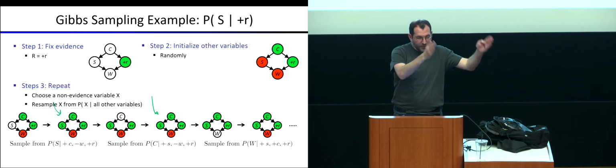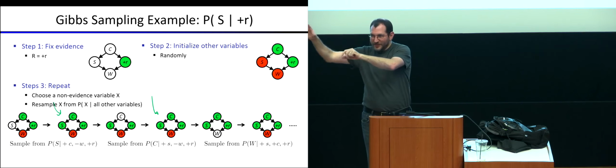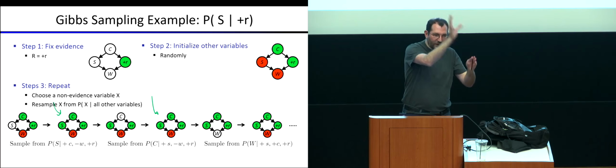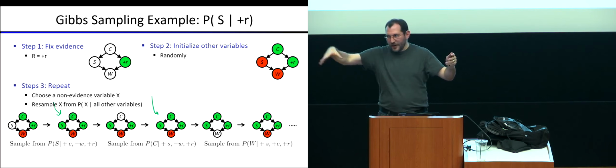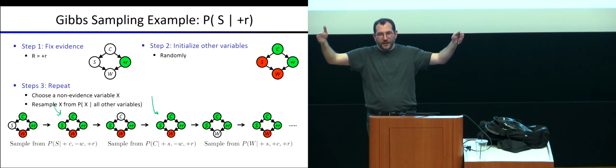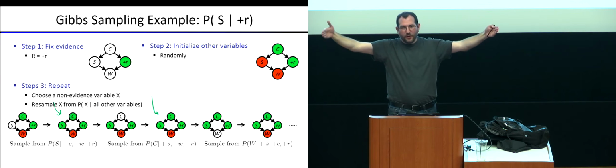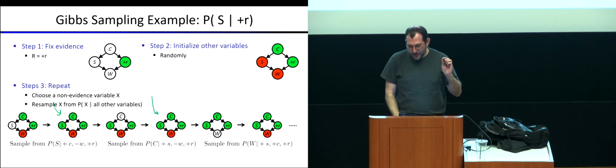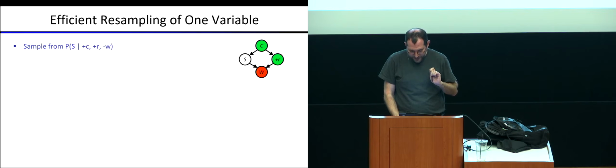But you get the sequence of samples. Each one is like a slight variation on the sample that came before it. And if we grab a sample, and then we do this for a long time, and we grab another sample, and then we rotate around robin for a while, and we grab another sample. If we wait long enough between samples, then the correlations reduce, and now we're grabbing samples from the joint distribution over all non-evidence variables conditioned on the evidence variables.